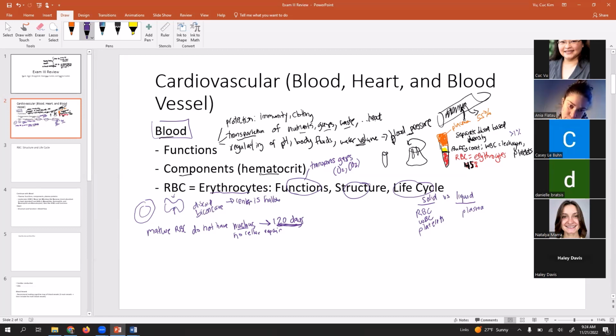Okay. In addition to that, a mature red blood cell does not have what? DNA. Mitochondria. Oh, mitochondria. You're right with the DNA. If it has no nucleus, it's not going to have the DNA inside the nucleus, and that's why it can't repair itself. Your classmates are also right in that it does not have mitochondria.